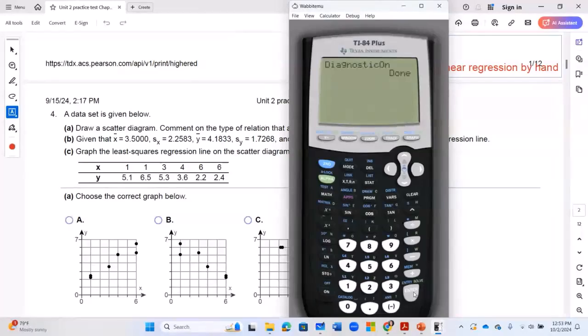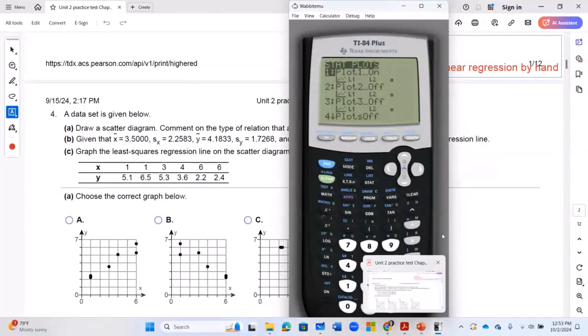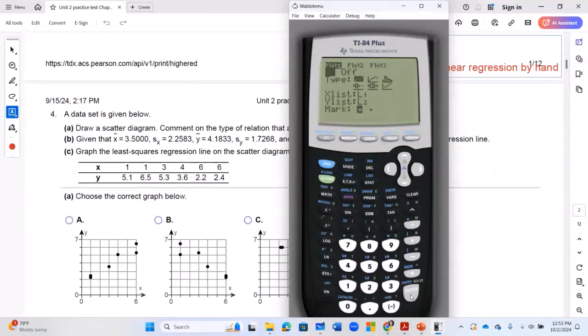Now the next thing I want to do is a scatter plot of the data in my L1 and L2. So I go to second stat plot, select plot 1, and then I want a scatter plot. It's already selected for me. Out of the 6 kinds of statistical plots, scatter plot is number 1. By the way, the second one is line plot or time graph.